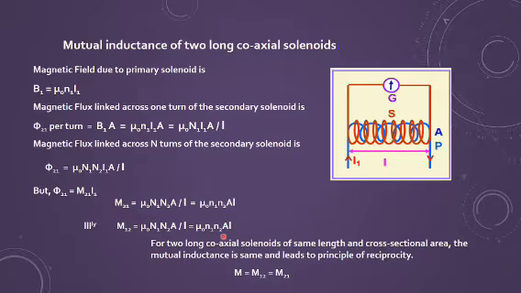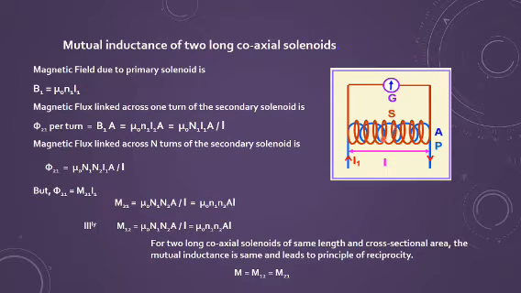So it means that whichever of these two coils you allow the current to pass through, magnetic flux will be produced in the nearby coil. That is the general definition. But to be more accurate, we always call the coil through which we pass the current the primary coil, and the coil in which the magnetic flux or induced EMF is produced the secondary coil.